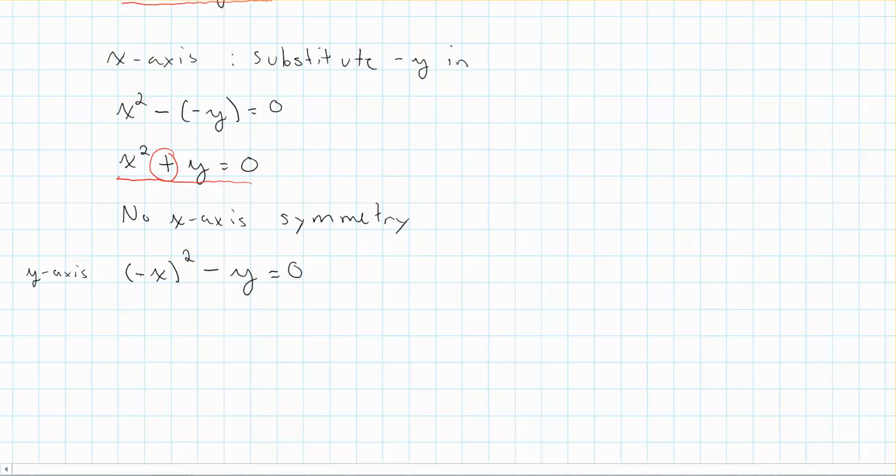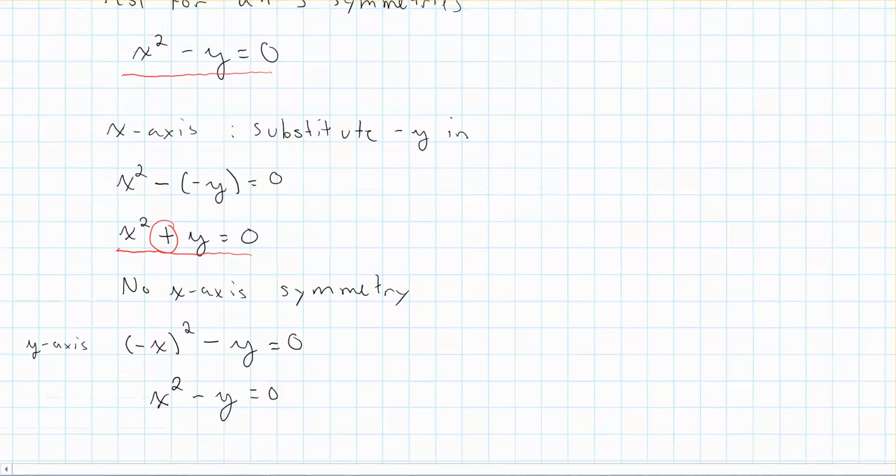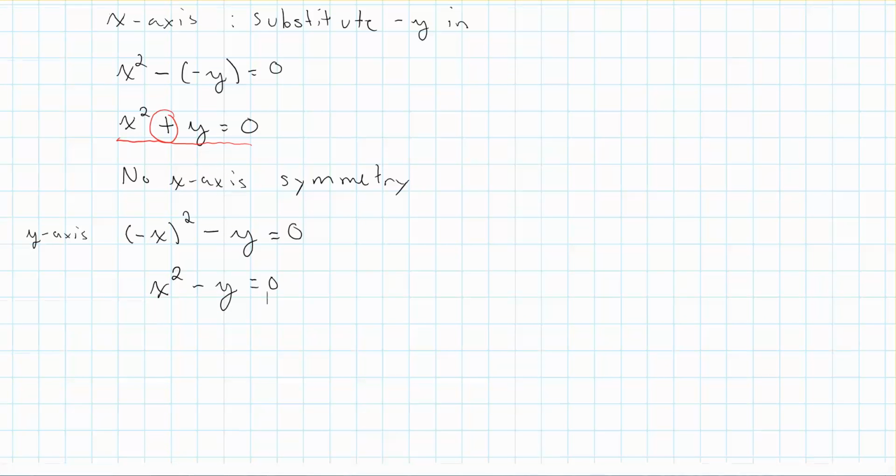So negative x quantity squared, well, the negative gets squared, and if you square a negative, that becomes positive. So simplifying this gets me x squared minus y equals 0. And I'll scroll back up a little bit here, and we can see that's exactly the same as the equation I had. So what this means is we have y-axis symmetry.